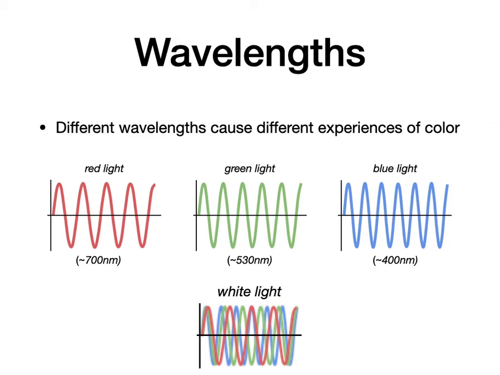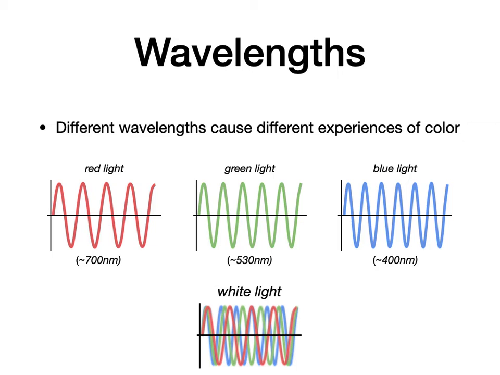Red light's wavelength is about 700 nanometers, green light is about 530 nanometers, and blue light is at about 400 nanometers. These are also the sensitivities that our cones are tuned to, right? White light is sort of a blend of all of these. It's not one particular wavelength. It's a boatload of kind of random wavelengths out there in the world.